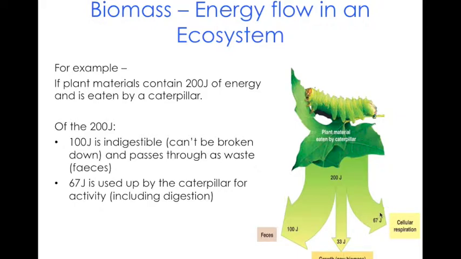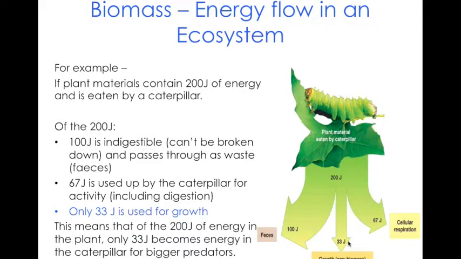So what that means is, of the 200 joules, 167 joules has already been used up, and the only amount available is the 33 joules, which then goes into the growth of the caterpillar, new cells, muscles, tissue, and so forth, that is actually available for bigger predators to take and consume. So you started off with 200, and in the end, what's available for the next level in our food chain is 33.